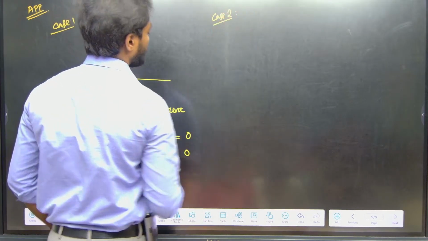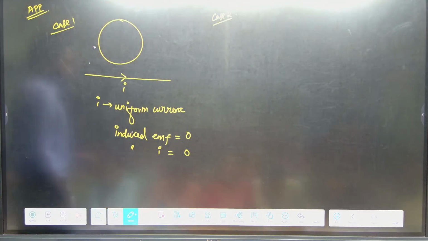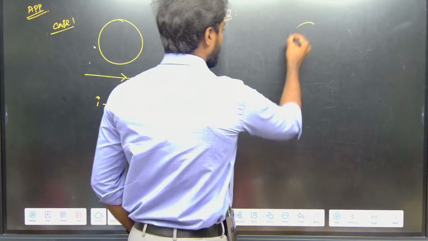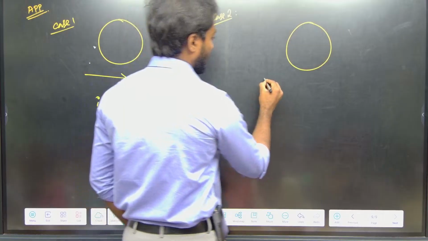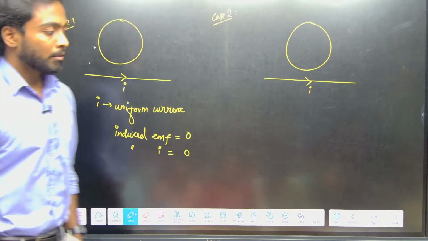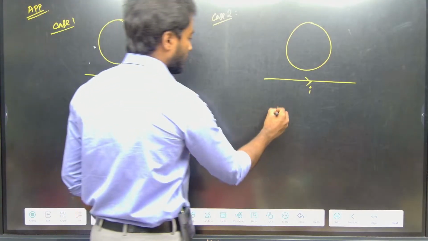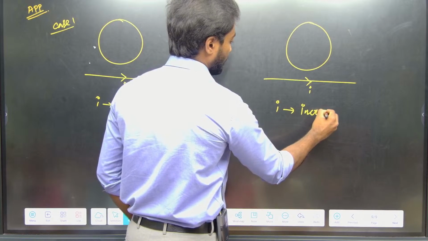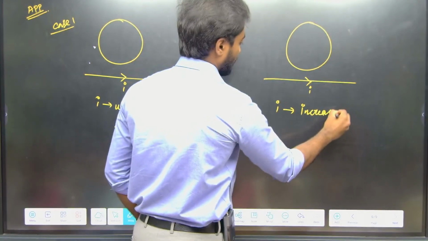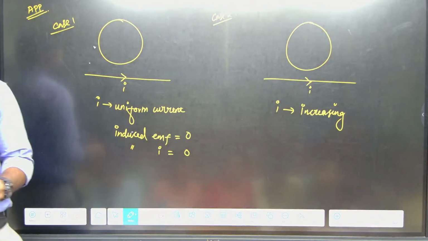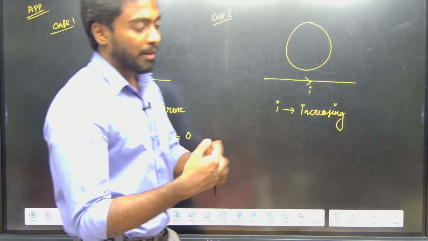Case 2. So there is a conductor and current is flowing from left to right, and here I am taking it as increasing current, like with respect to time current keeps on changing.